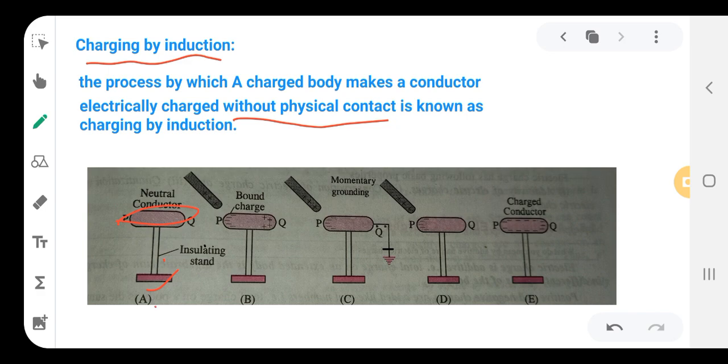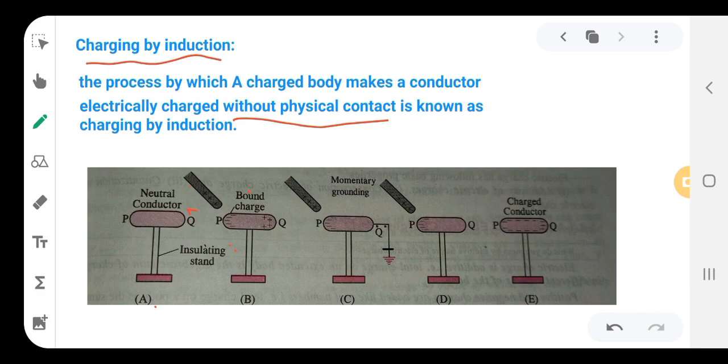But when we bring an ebonite rod, a charged rod, which is negative, closer to PQ, not in contact, only closer, the electrons at the surface feel a force, and the negative charges will come on the side P, and this rod will take the positive charge.